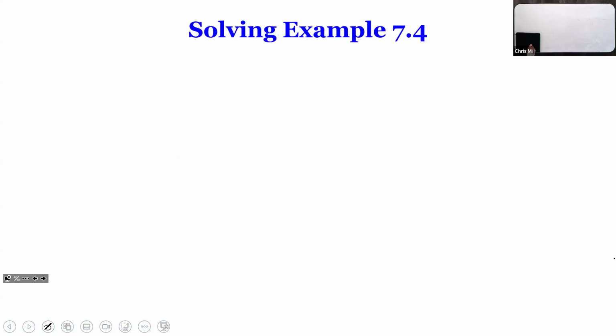So I'm going to redraw the circuit over here so that we can work through it all together, step by step, and you get a better understanding of how this works. The circuit is this.